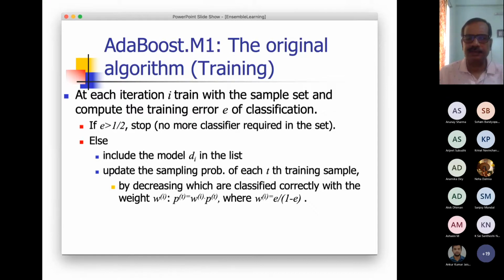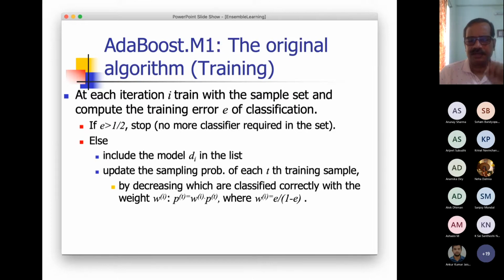Intuitively, the weight of the decision would be the inverse of this particular factor, because this factor is greater than 1. But on the other hand, this weight should be less than 1, since E is less than half.